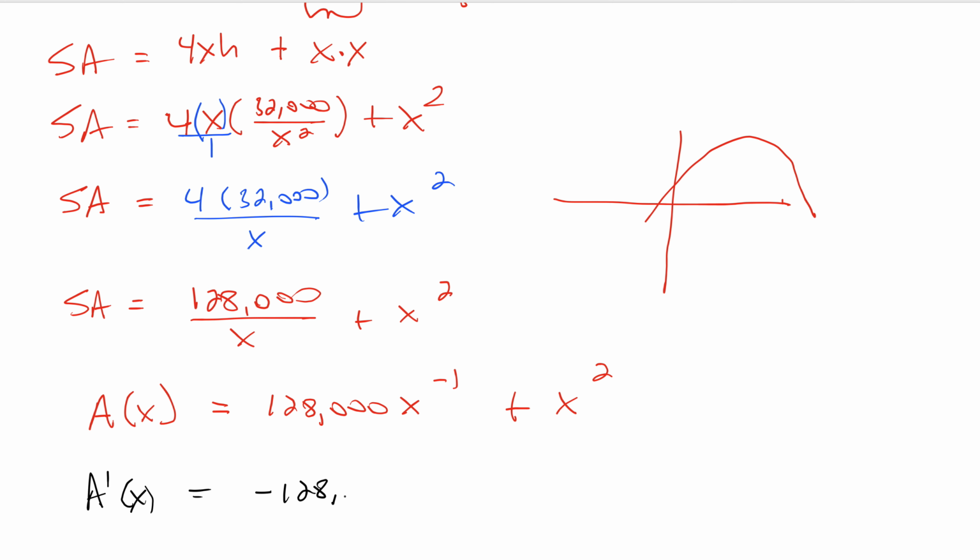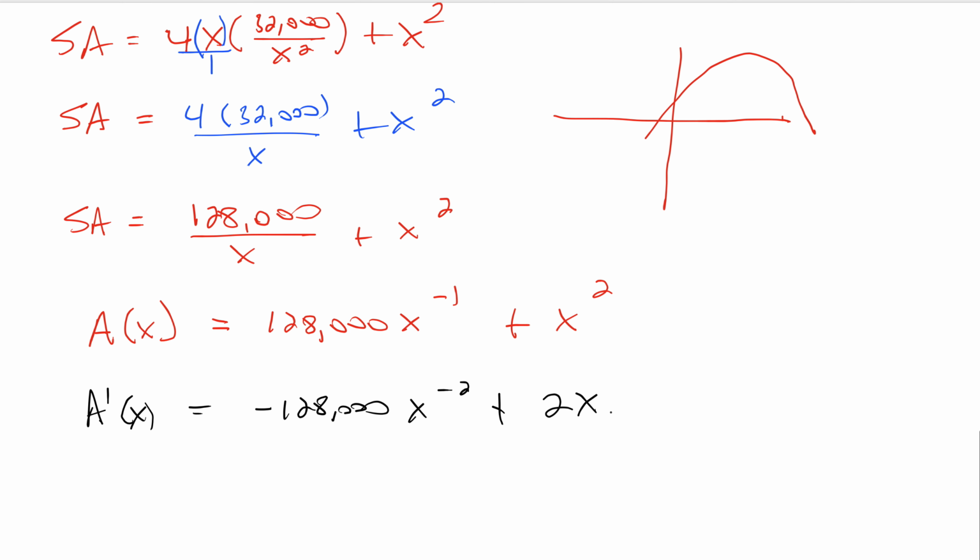Negative 128,000 x to the negative 2 plus 2x. Okay, so that's our derivative. So if you want to find out where the max and min's are, what are you going to do? Set equals 0. So you're going to have negative 128,000 times x to the negative 2 plus 2x equals 0.